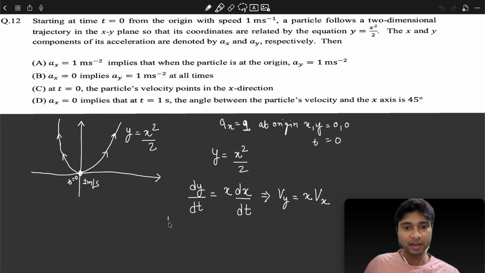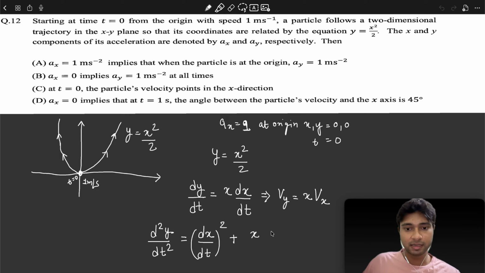This interpretation will help us. If I double differentiate it with respect to time, I will get the acceleration as well, right? So double differentiating with respect to time, d2y by dt2, we have to apply the chain rule here. So differentiation of x will be dx by dt into dx by dt, that will be dx by dt whole square, plus x d2x by dt2, right?